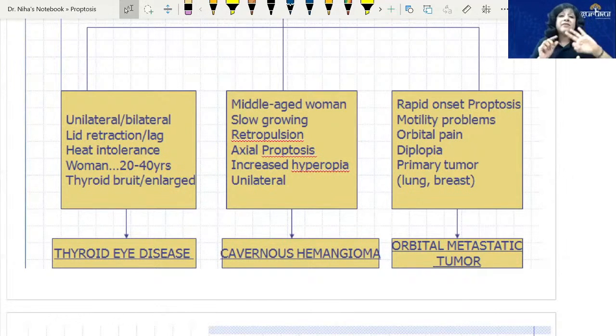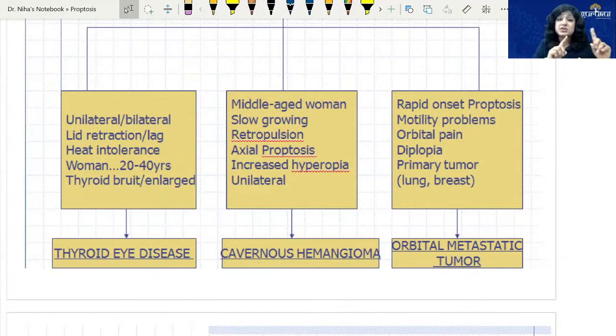Then if I am having a heat intolerance, because mostly it is Graves' eye disease. Now I will try to lift the barrier here. Don't think that the patient is euthyroid. If my patient is euthyroid, then I cannot have proptosis. No, not at all. See, 90% are hyperthyroid, but again 10% could be hypothyroid and euthyroid also.